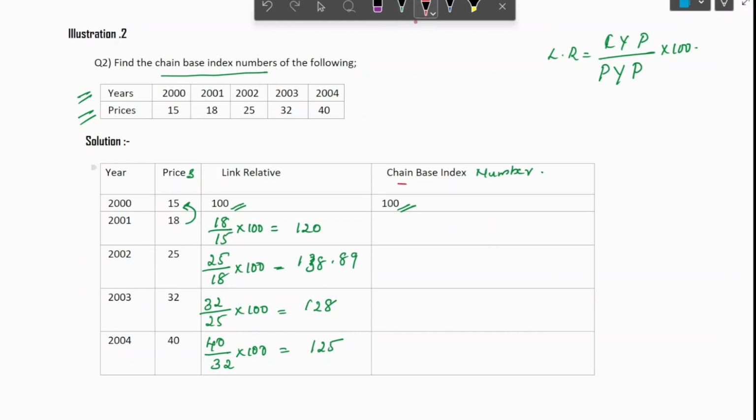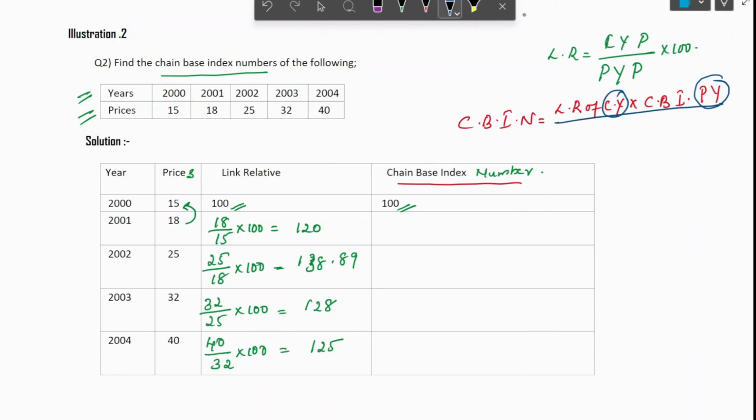Now last one, chain base index number. Chain base index number, what's the formula? That is current year link relative into chain base index of the previous year. Therefore, here these are the things. This is for previous year and this is for current year, whole divided by 100.